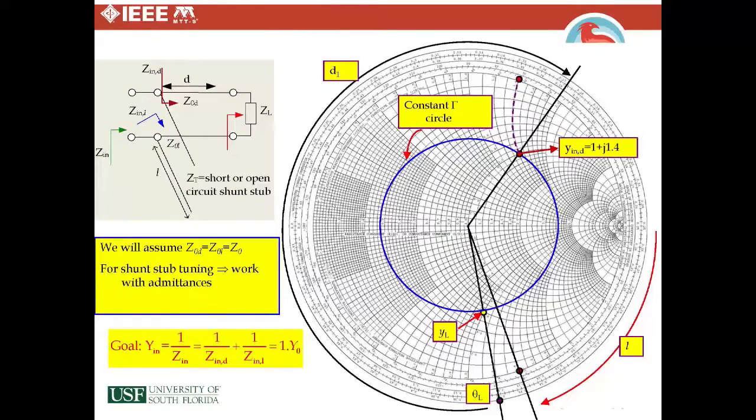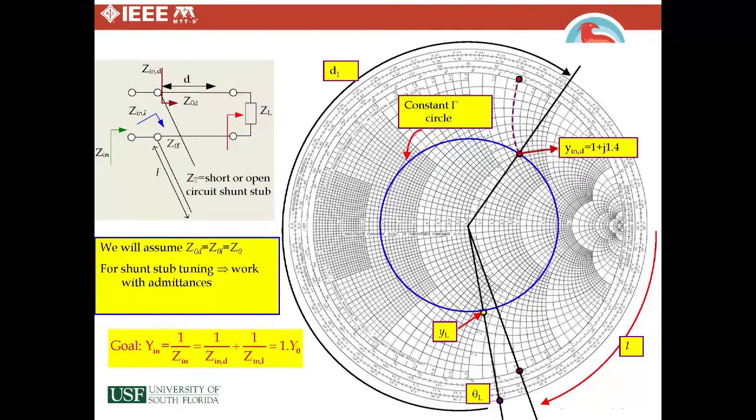Okay, so in this example, we are assuming that we have a load, let's say it's here on the Smith chart, and we can identify a position on the Smith chart by wavelengths towards the generator, or reflection angle here.